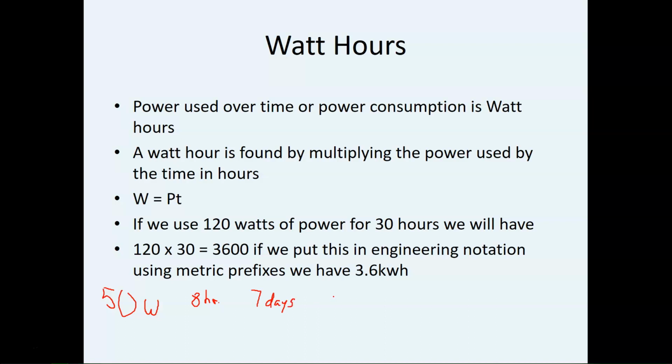And the month is, well, let's just use February, whereby we have 28 days. We really don't need the 7 days because that goes into your 28. So what you'll do is 50 times 8 times 28.